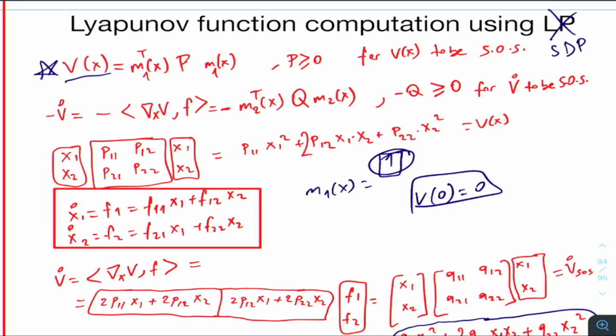So in that case we shouldn't include 1, or the x to the 0 basis function, because we would just increase the dimension of our problem, and those parameters will be 0.